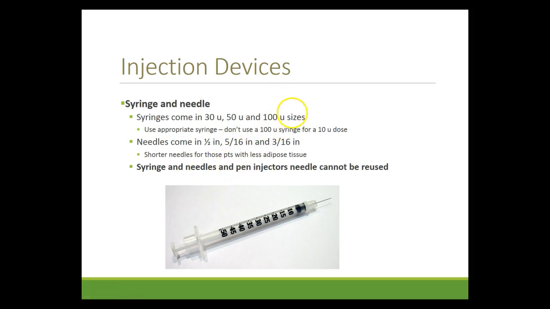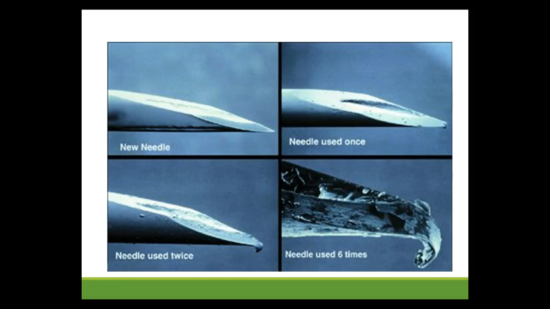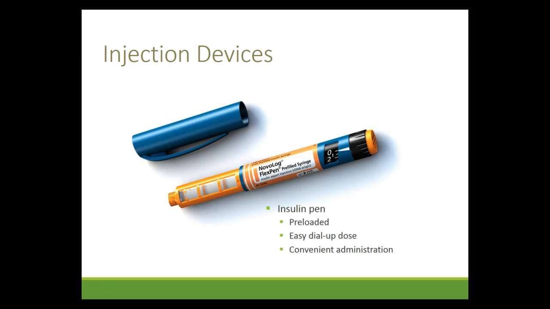Short needles for those with less adipose tissue or fat tissue. And you can see how quickly a needle can dull after it's been used. Injection devices, insulin pens are preloaded, they're easy to dial up, they usually have 300 units. So easy to use.